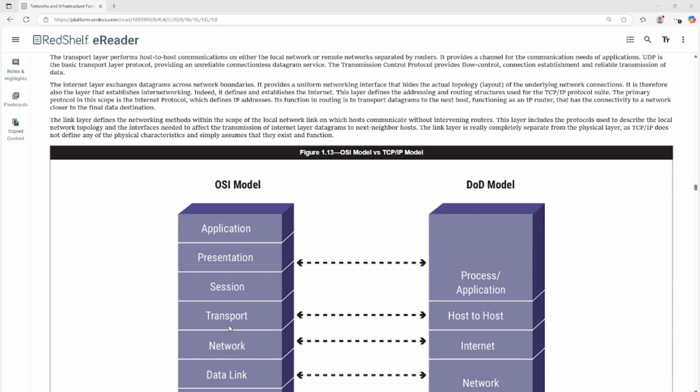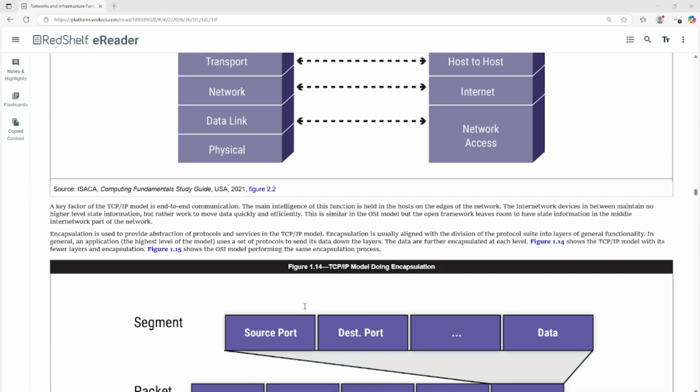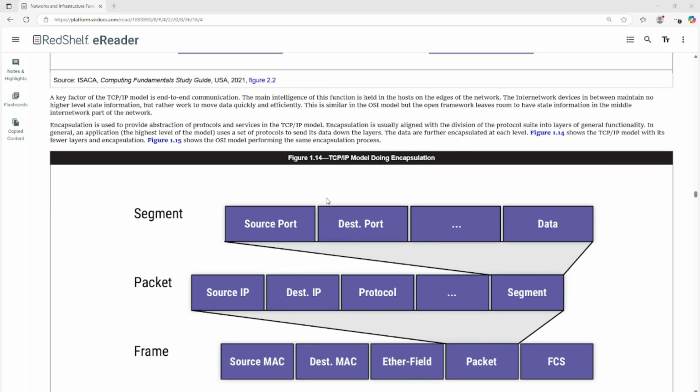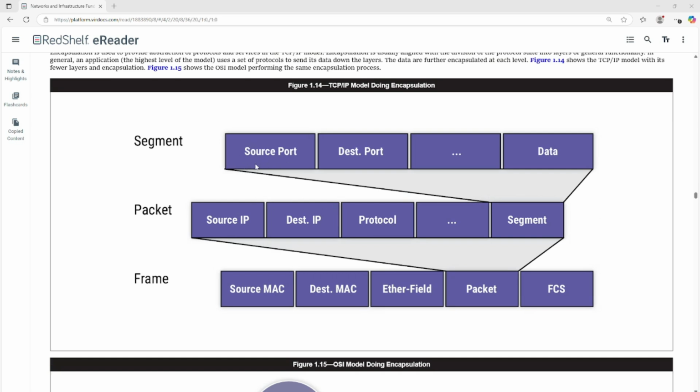While TCP/IP model layers do not have numbers, and they are defined specifically for use with IP protocols. But like I said, they have some similarities. They do describe how information is transmitted, and they both use the concept of encapsulation. The diagram in figure 1.14 shows the TCP/IP model doing encapsulation. So this is how TCP/IP encapsulates data.